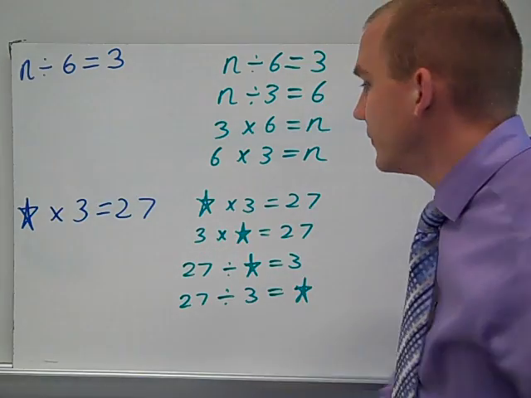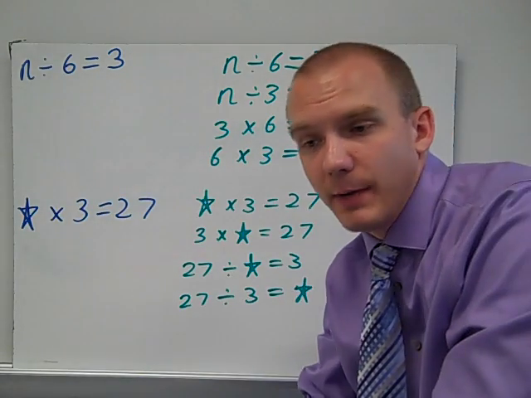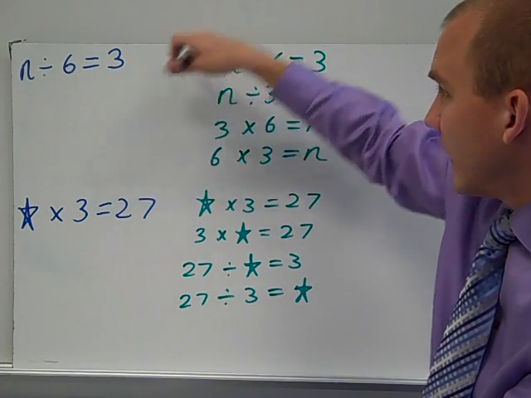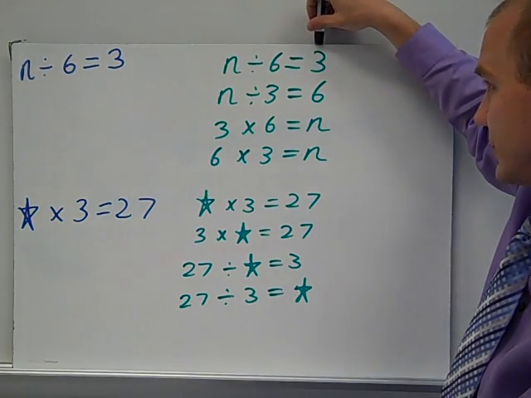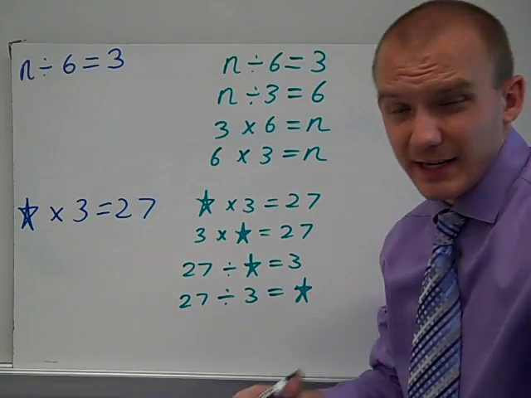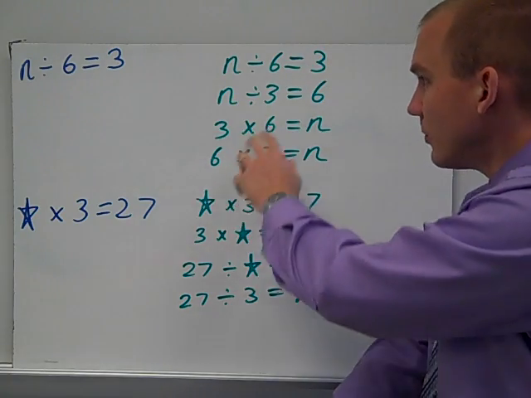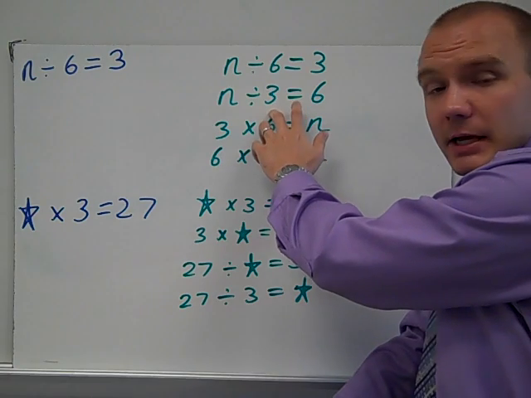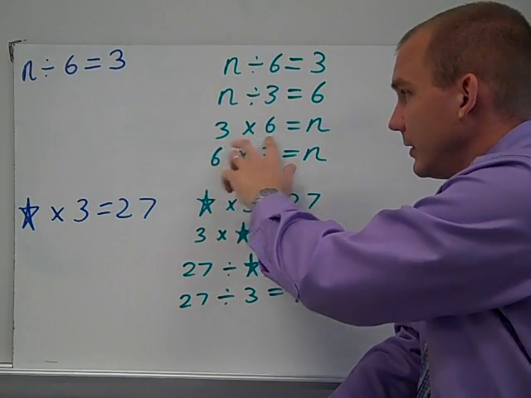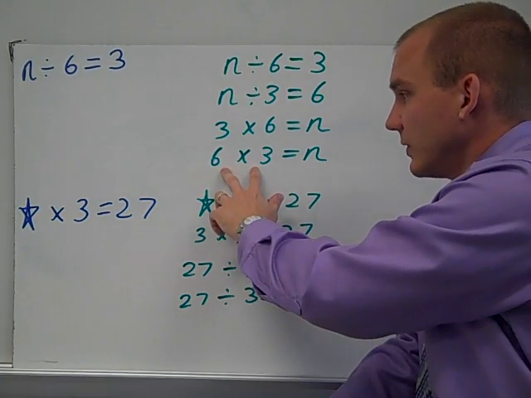Let's kind of work through a few more examples. We have n divided by 6 equals 3. Well, let's look at that fact family. N divided by 6 equals 3. N divided by 3 equals 6. Still nothing easy to work with. Let's go to multiplication. So I take my divisor and my quotient, and I multiply them together, and I get n. And then I just flip the order, and I get n.